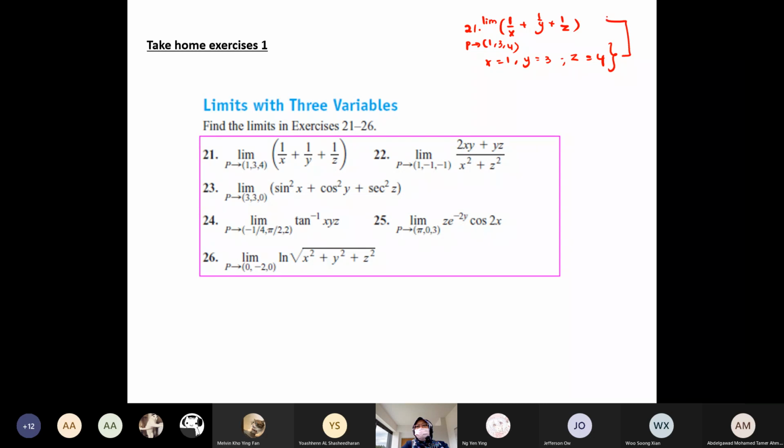All these three variables you substitute into this function. So it's equivalent to 1 plus 1 over 3 plus 1 over 4, which is 1 11/12. For the rest, you may try on your own.